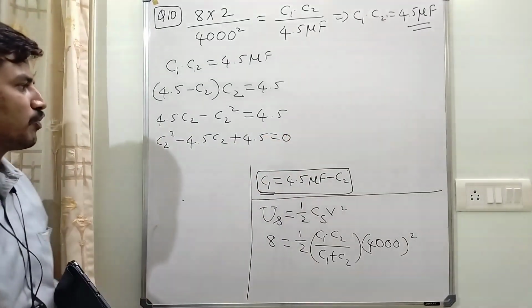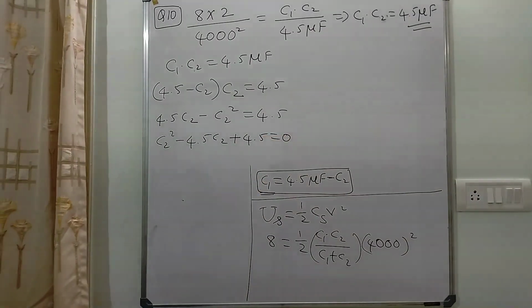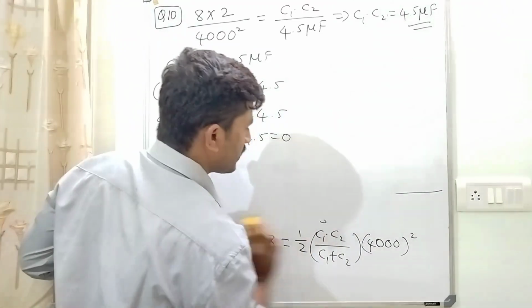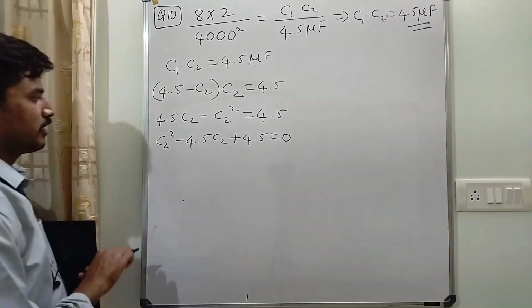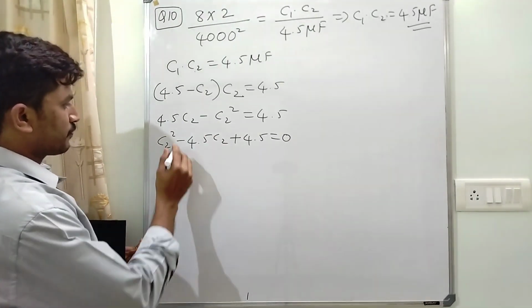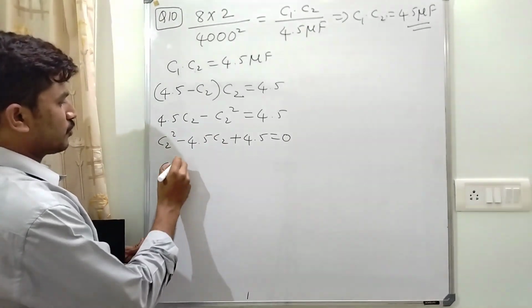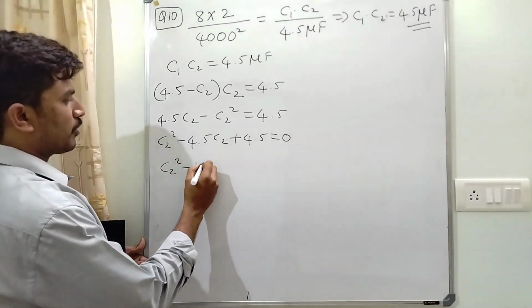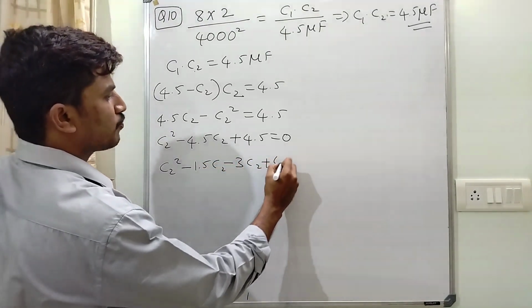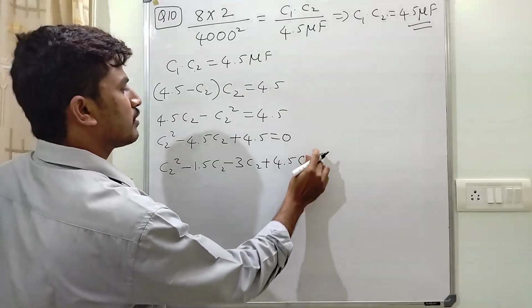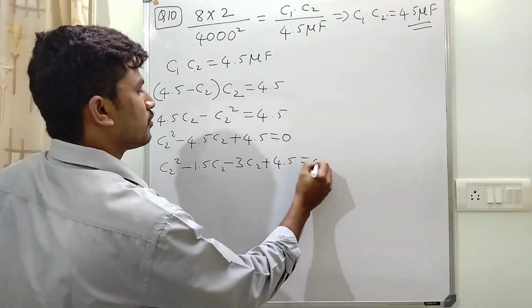So this is in the form of a quadratic equation. By using the method of solving the quadratic equation, you can find the values of C1 and C2 here. Here it is C2 square. I can split this as C2 square minus 1.5 C2 minus 3 C2 plus 4.5 is equal to 0.